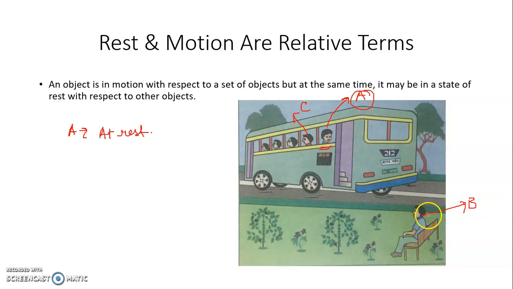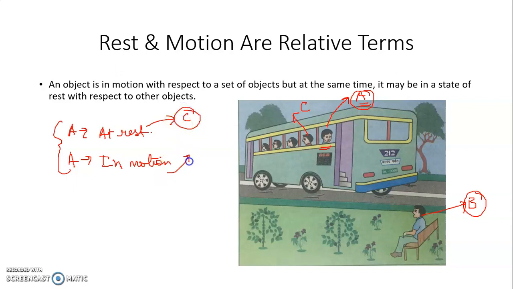But if you ask the boy B to tell the state of A, according to B, the state of A will be in motion. So you see the same object A, according to C it is at rest, and according to B it is in motion.